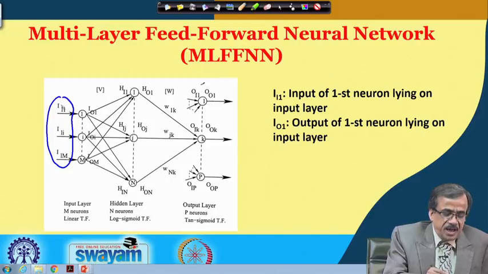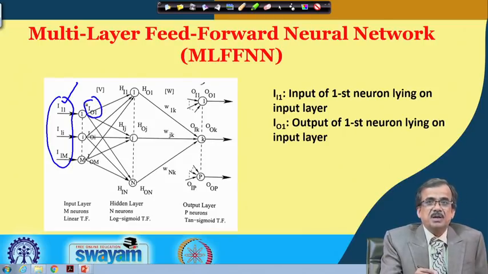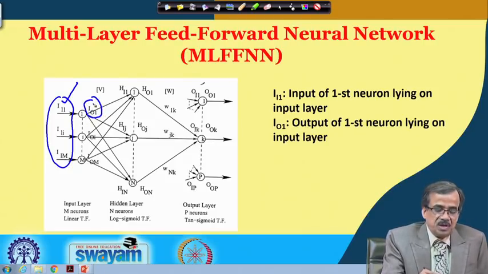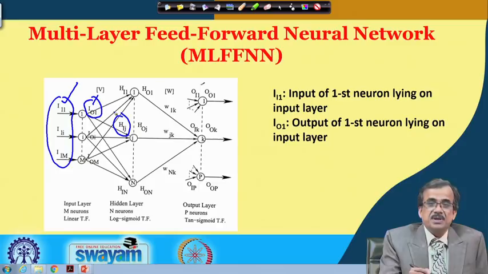Now, this I1 notation indicates the input of the first neuron lying on the input layer. Then IO1 is nothing but the output of the first neuron lying on the input layer. Similarly, Hij is the input of the jth neuron lying on the hidden layer.